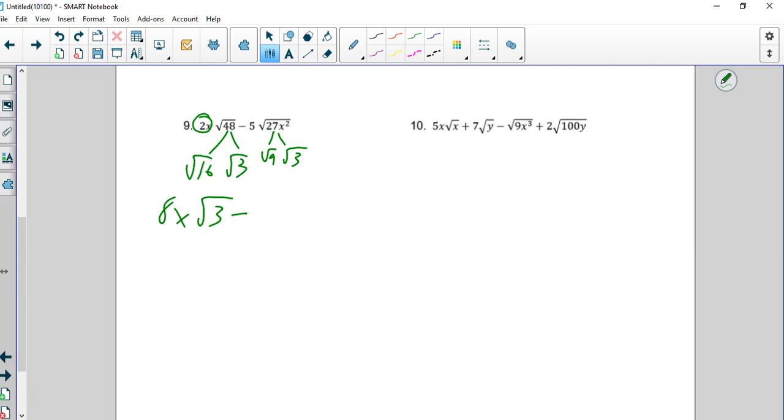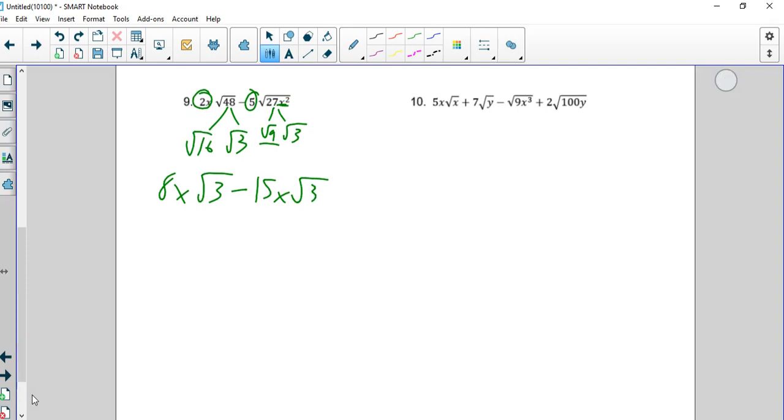Square root of 9 is 3. Don't forget to multiply by here, 15. Okay. Square root of x squared, they come out in pairs. That's just an x. Radical 3. Okay, so since these are the same, radical 3, we know we're going to have radical 3 in our answer. 8x's take away 15x's is negative 7x. There we go.